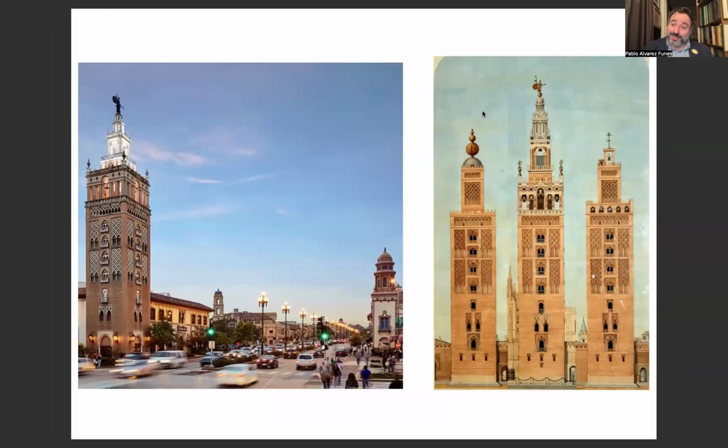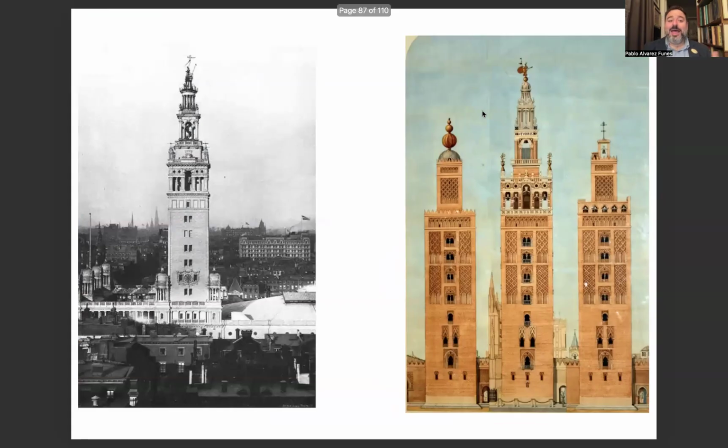There is a copy of the Giralda in Kansas City, and there was a copy of the Giralda in New York, in Madison Square Garden by McKim, Mead and White. They did their own copy version of the Giralda. You can see that they copied mostly the upper part, not the central part with the sebka panels in brick. But Manhattan had its own Giralda.